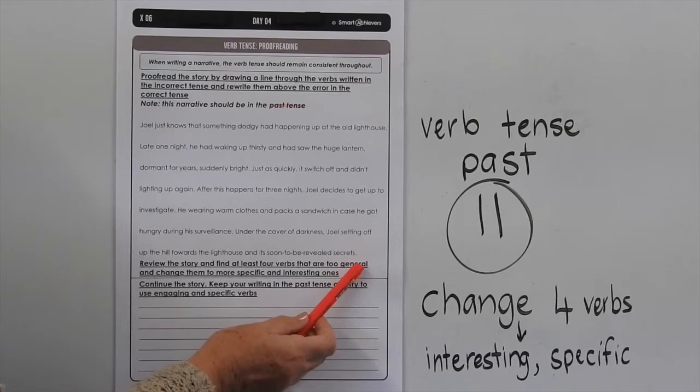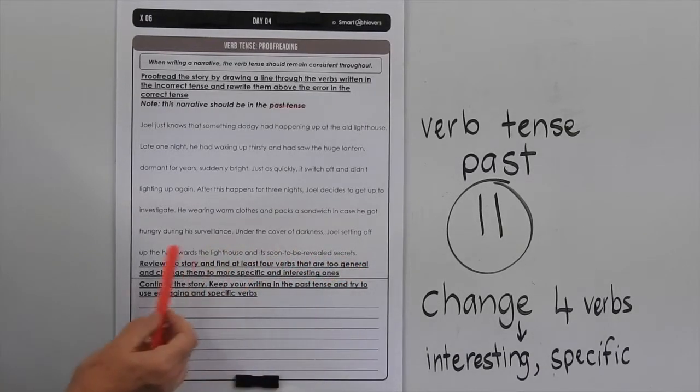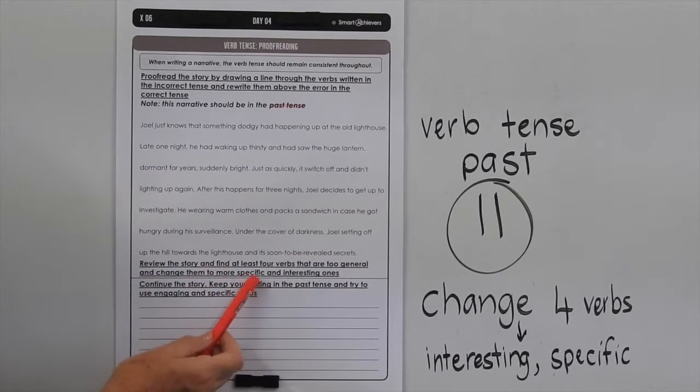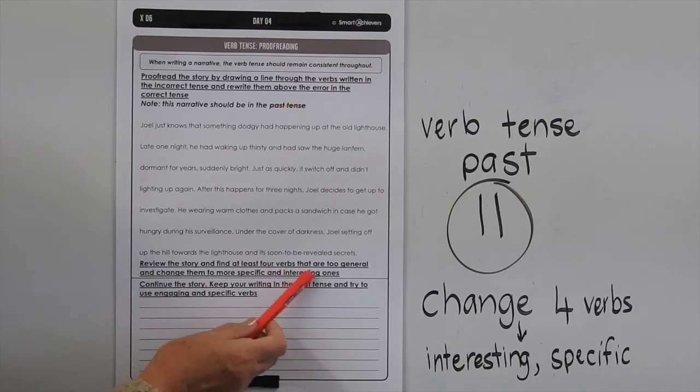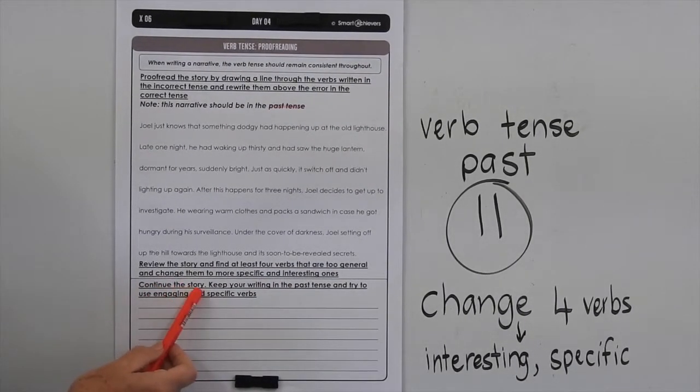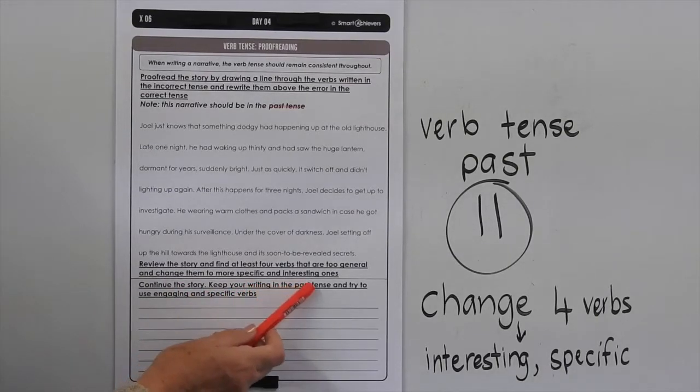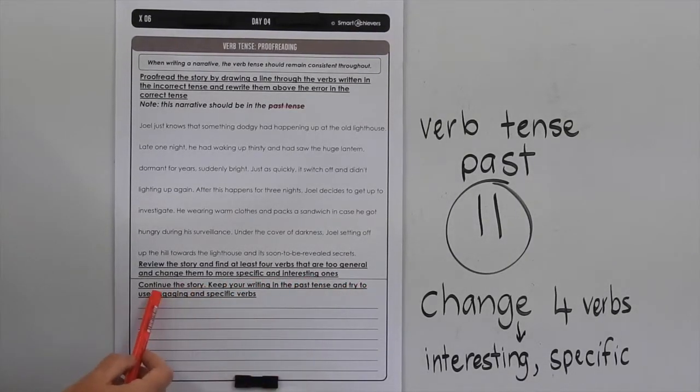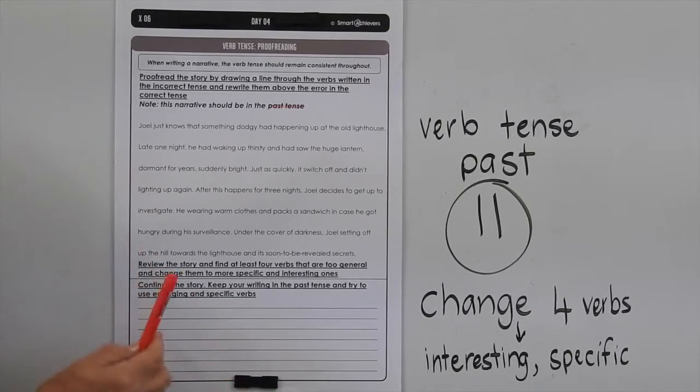So you could use a different colour highlighter to do that and change them to more specific and interesting ones. Then down the bottom we want you to continue the story, keep your writing in the past tense and try to use engaging and specific verbs. So if you're finding you've written it and some of your verb usage is a bit simple, then change them to more interesting and specific verbs.